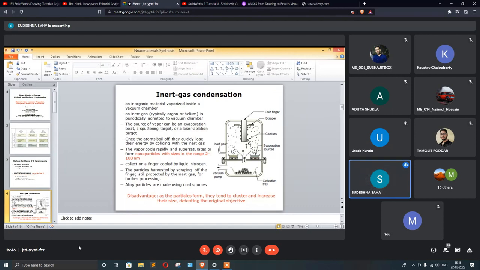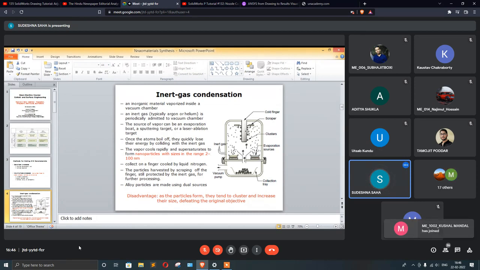Rather, they stay as they are. I mean, they don't coalesce together. Rather they try to aggregate. That means they maintain their size boundaries, but they try to cluster together. That's how it happens.